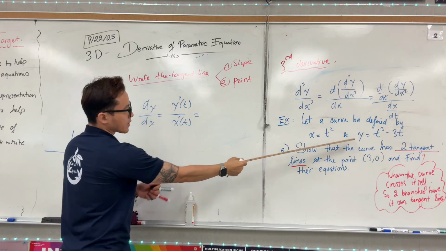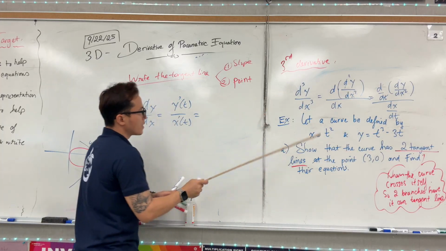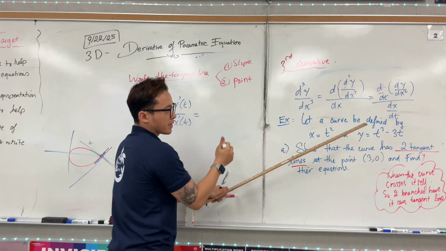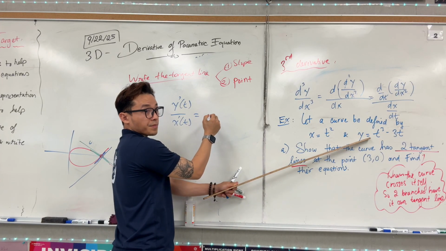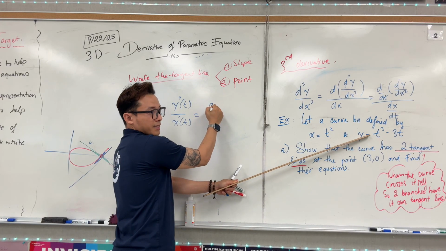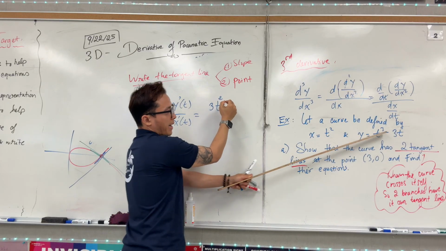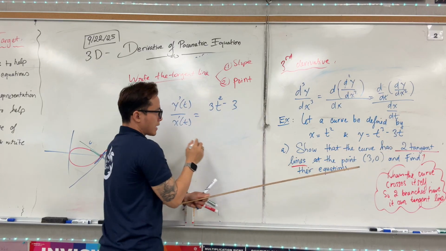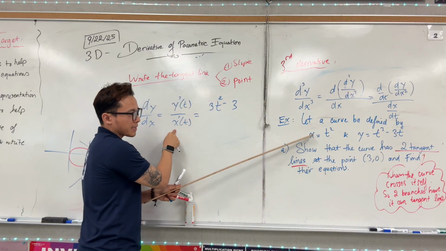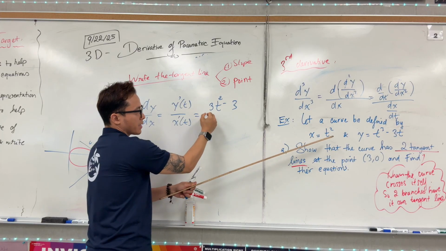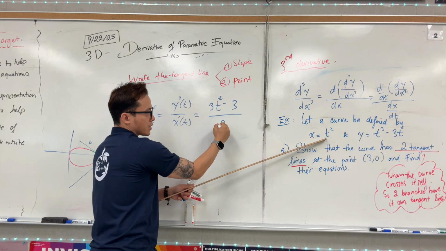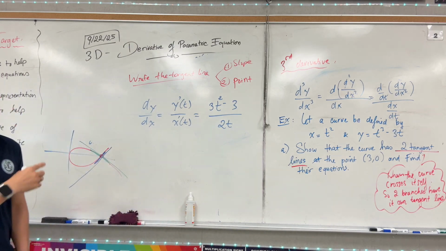Now, what is the y? Y is here. Now take the derivative with respect to t. What do you have? 3t squared minus 3. Now take the derivative of x with respect to t. The bottom is 2t, right? That's the first derivative.